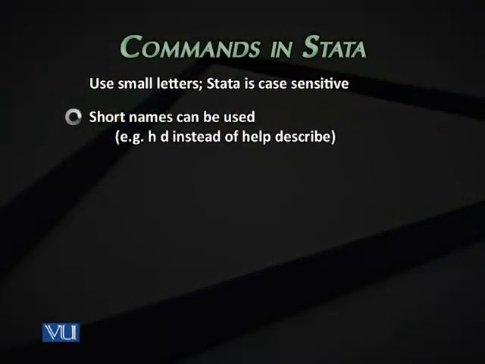For example, you just saw a command help describe. If you type h and space and d for describe, h for help, it will work fine. So h is a shortcut for help, d is a shortcut for describe, or I usually prefer to type des for describe so that I remember it is describe.